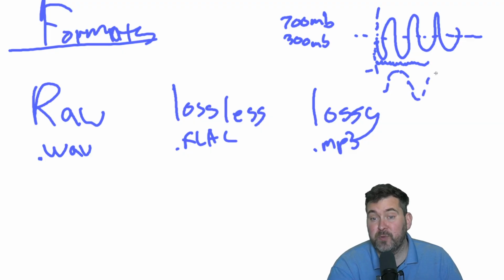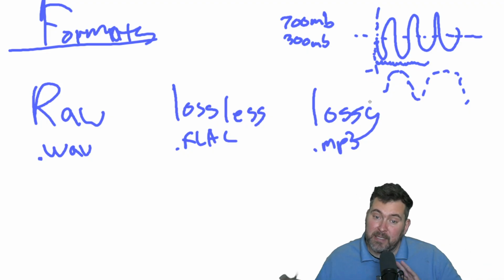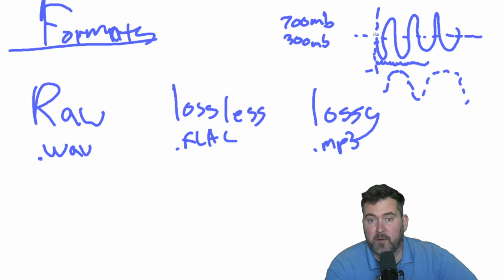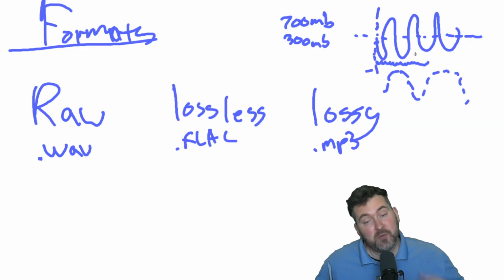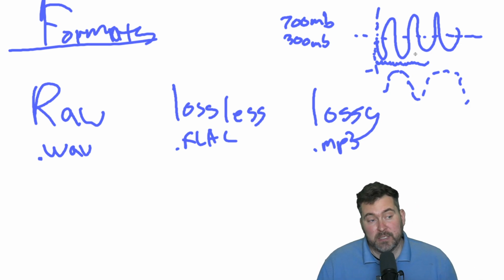And then it tries to reuse those individual copies, and they take up less space than 44,000 numbers per second, but they can't be exactly put back. If you took a FLAC file, you could convert it to exactly the same WAV file. But if you took an MP3 file, you can't get back to this exact shape. That's what makes it lossy. You're losing information, you're losing fidelity, you're losing sound quality.